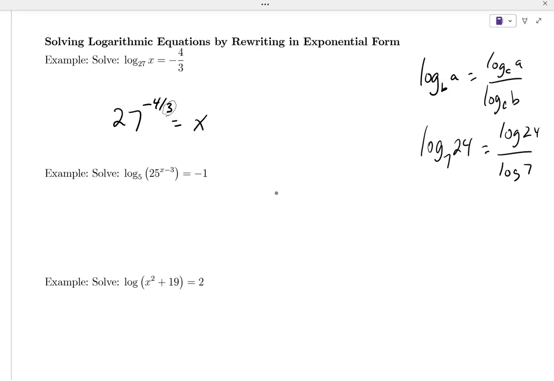So it says flip it upside down, take the cube root and raise it to the 4th power, right? Well, what is the cube root of 27? 3. And so you flip it over, you get 1/3 to the 4th power. This ends up being 1 over 81. So again, this is 1 over the cube root of 27, which is 3, to the 4th power. 3 to the 4th power is 81.